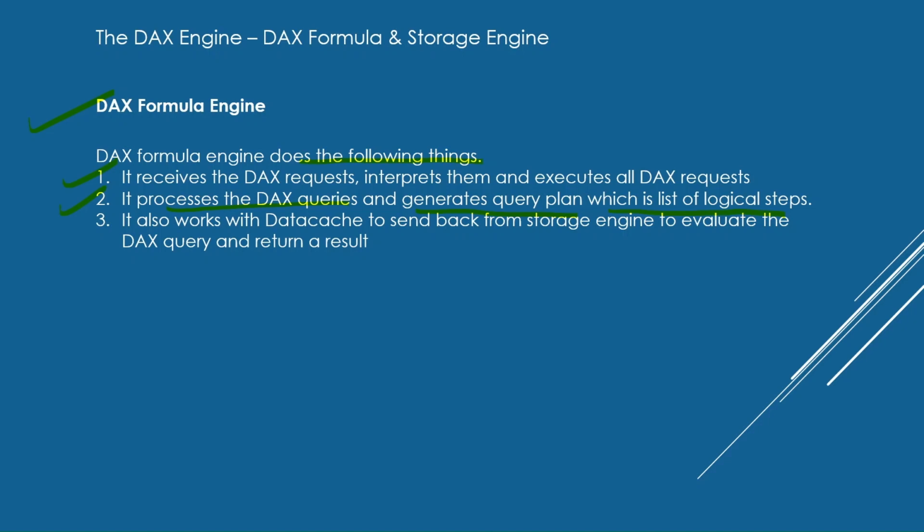So suppose there is a DAX and there are a lot of logical things which we have written in the form of a language to perform a certain kind of calculation. Based on the logical steps which we have provided in the DAX, the formula engine will create a query plan out of it.